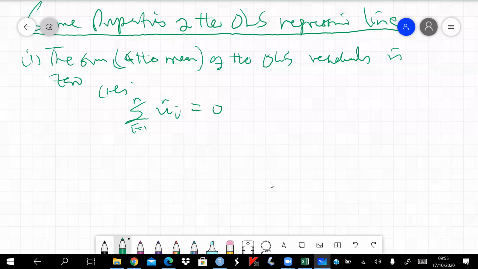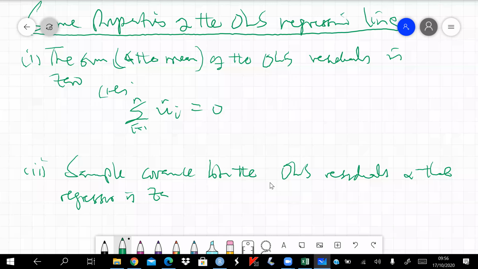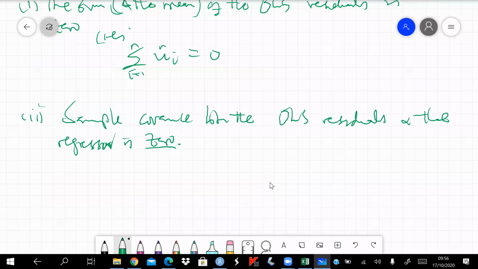Then the second property is that by construction, the sample covariance between the OLS residuals and the regressor is 0. The regressor here is the independent variable, or X in our case. So we're saying the covariance is equal to 0.